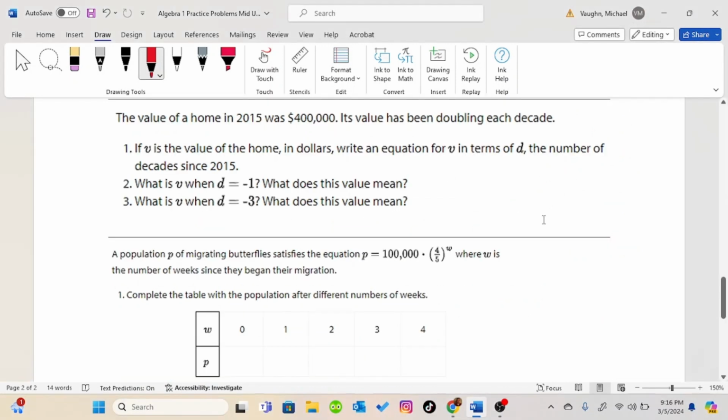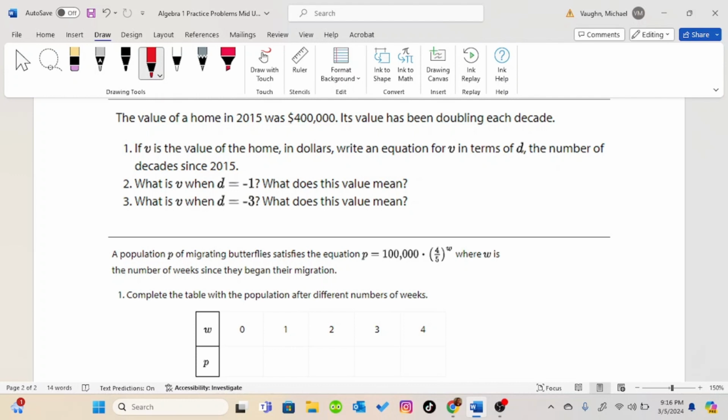The value of a home in 2015 was $400,000. Its value has been doubling each decade. If V is the value of the home in dollars, write an equation for V in terms of D, the number of decades since 2015.